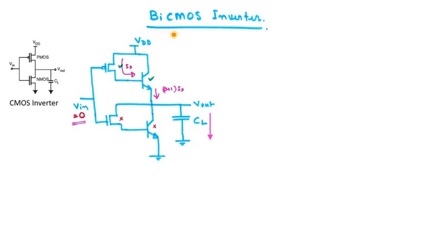So we can see that in the BiCMOS inverter, the charging current is pretty high compared to that of the CMOS inverter.